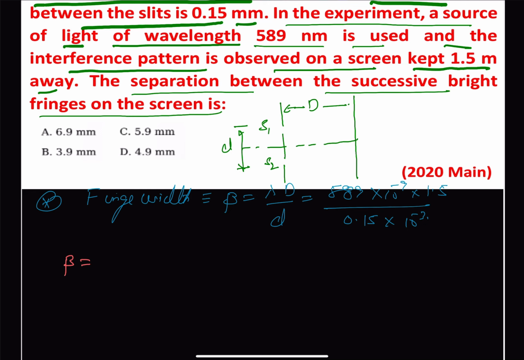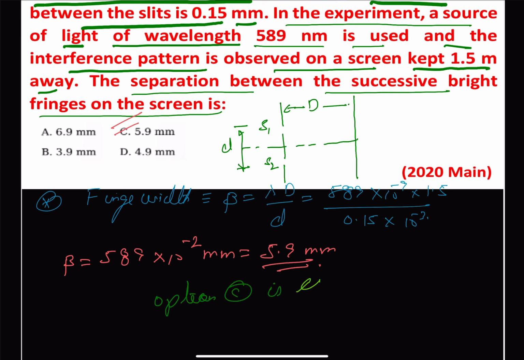So we are left with only 589 into 10 to the power minus 2 millimeters, or in terms of decimal we can say this is equal to 5.9 millimeters. So option C is the correct one. Option C is correct.